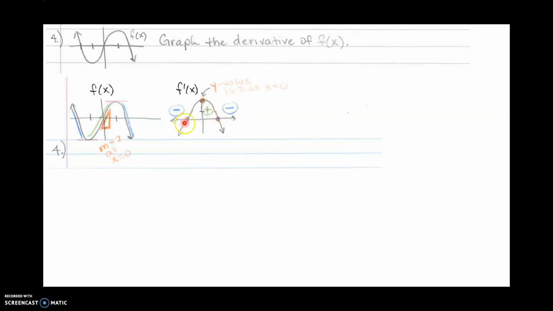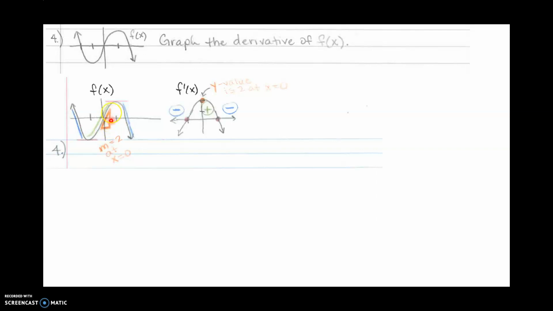So what I have on my graph over here right now is I have this piece right here and I have this piece right here. So honestly, all I need to know is how high does this come up here? And so that was our third thing, was to plot strategic points. If I want to know the y value at 0, then I'm going to come over here and I'm just going to draw a tangent line at 0. So if I draw a tangent line at 0 and I approximate what that slope would be, to me it looks like that slope is about twice as high.